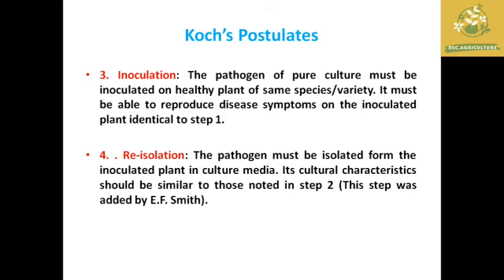So we must recognize and isolate that particular one, and then inoculate it into the same species or variety of that host plant. After these steps, we can know the virulence and the capacity of that microorganism, and at which stage it can produce symptoms in the crop can be identified through the inoculation process mentioned in Koch's postulate.